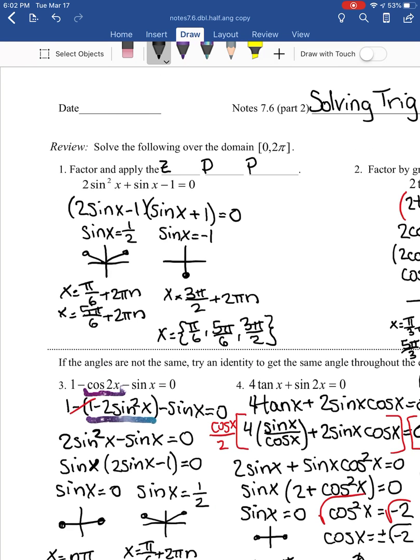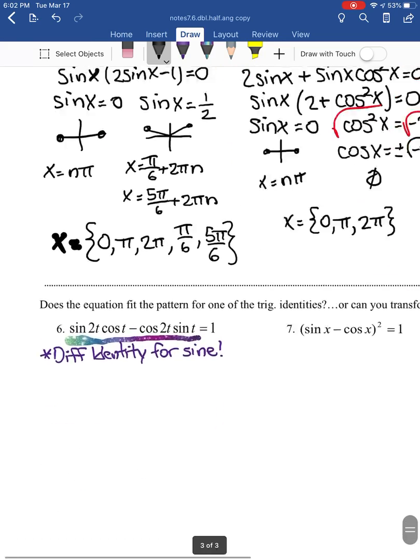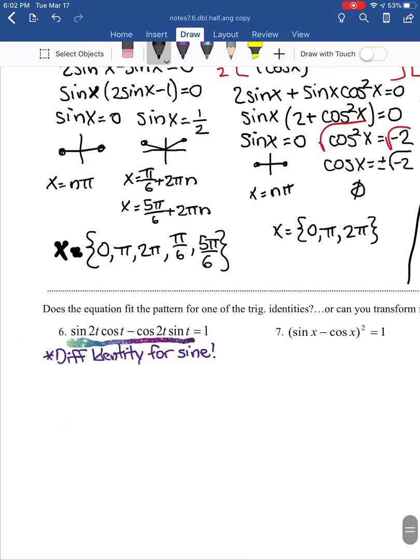And since it's my difference identity for sine, I should be able to simplify this in one step. This should be sine of 2t minus t equals 1, which means sine of 2t minus t is just t equals 1.